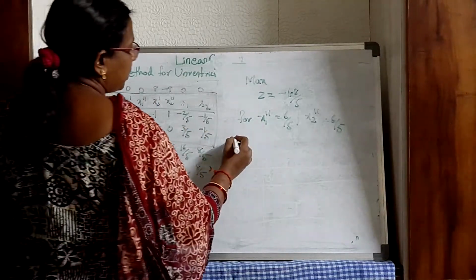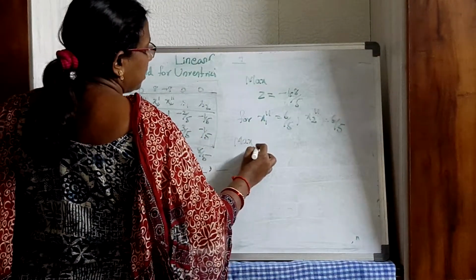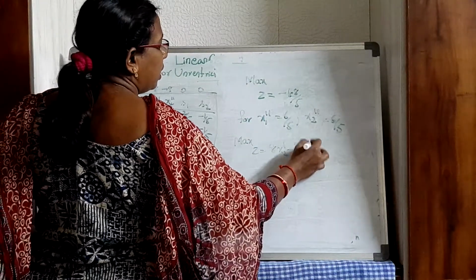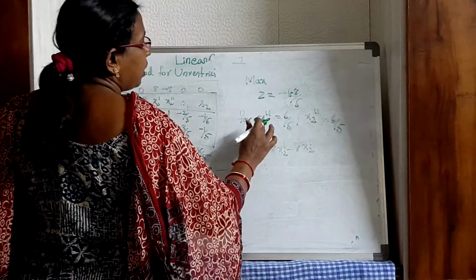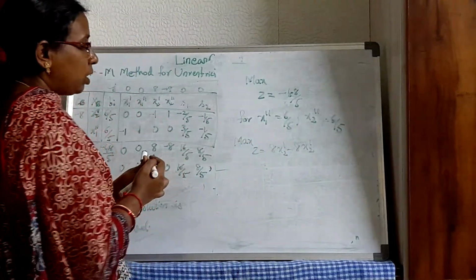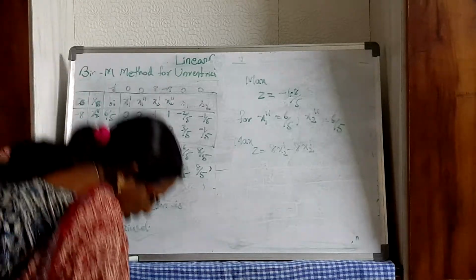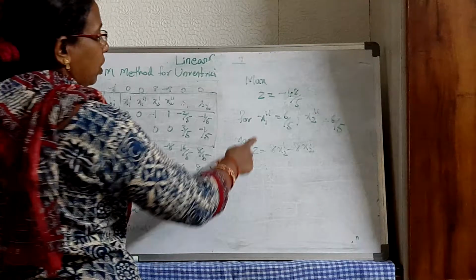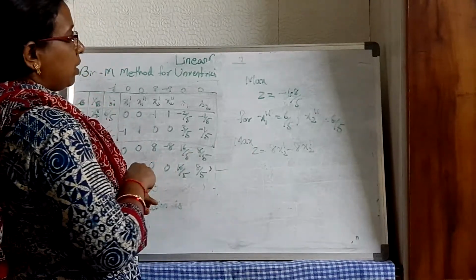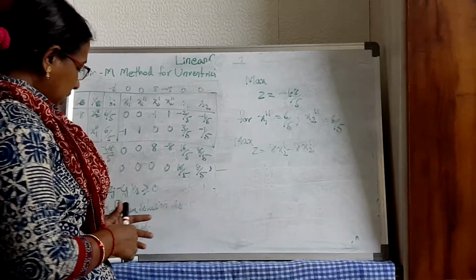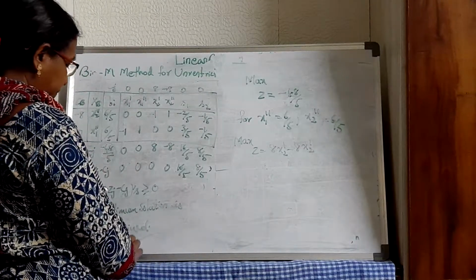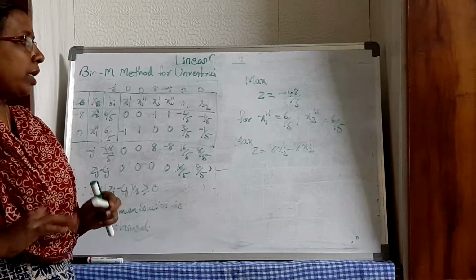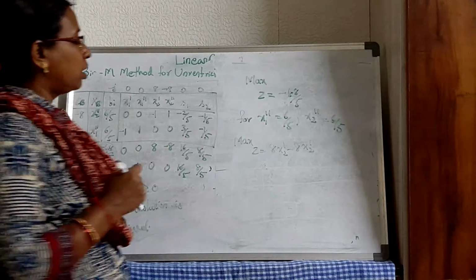See, what was the objective function? Maximize z is equals to, you had 8x2 dash minus 8x2 double dash. So here I got only these two values. It means x1 dash and x2 dash are 0 because those two are missing.